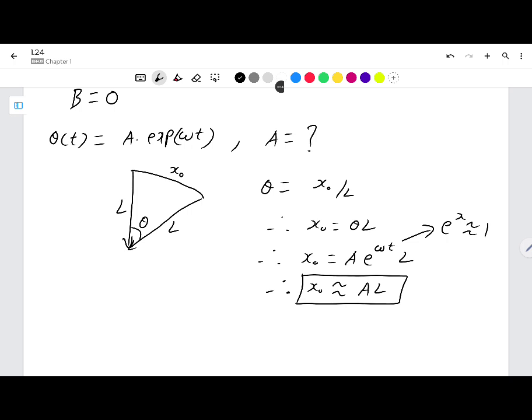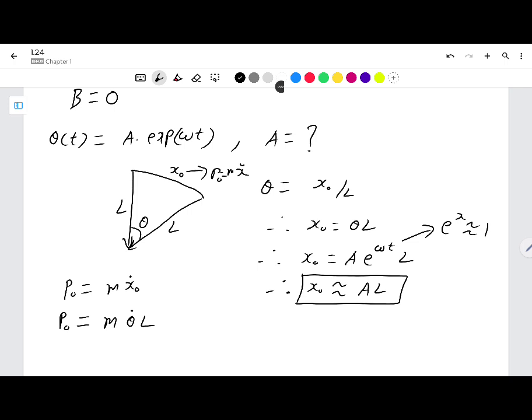Okay, fine. Similarly, we find the momentum, which is mass times velocity, which is m x dot.